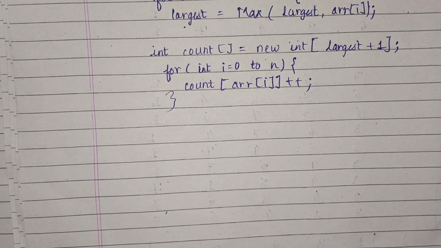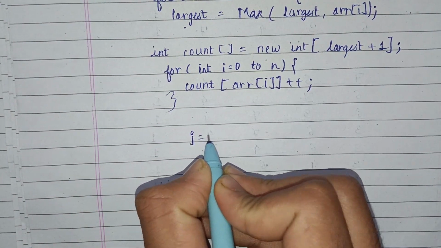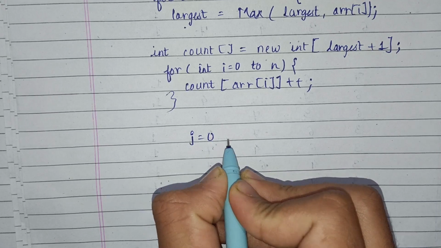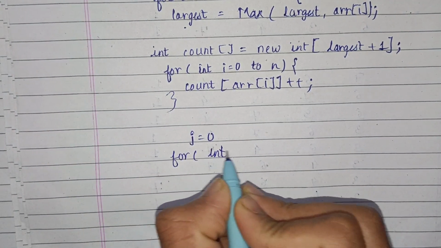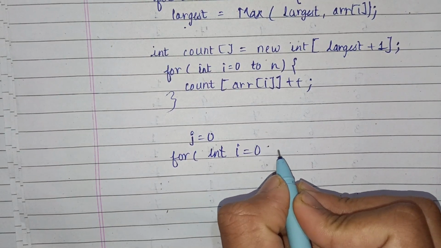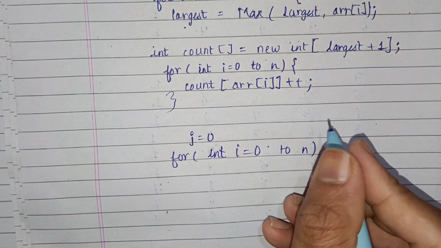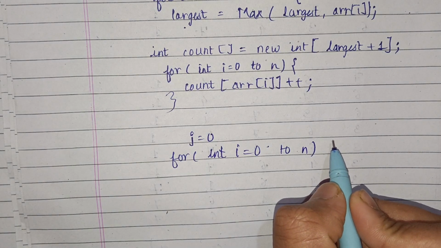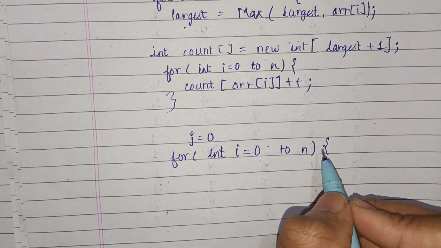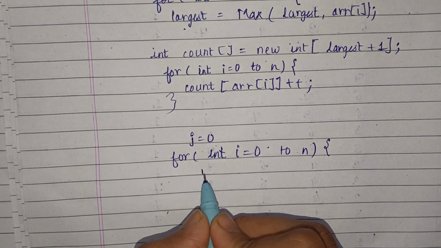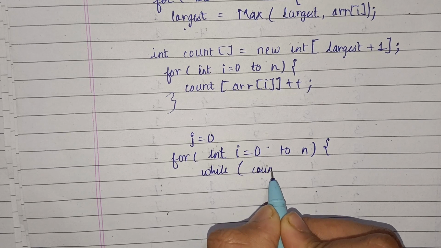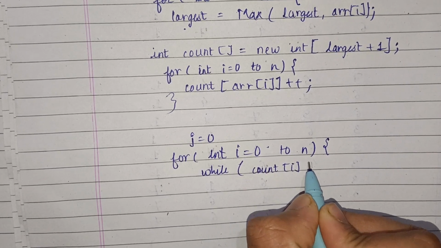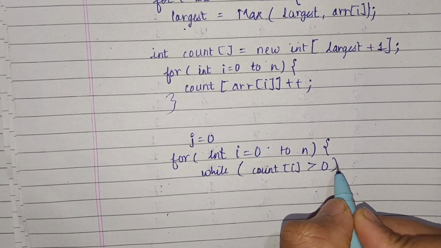Now for sorting our elements, we will take a variable j is equal to 0, and we will run a loop for int i is equal to 0 to n, and in that we will run a while loop while count of i should be greater than 0.